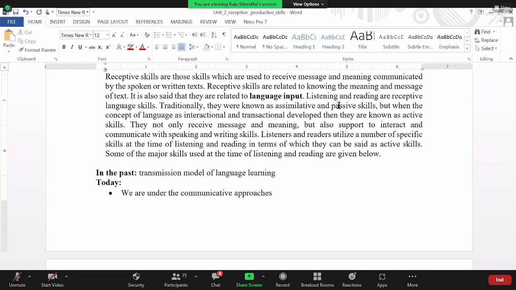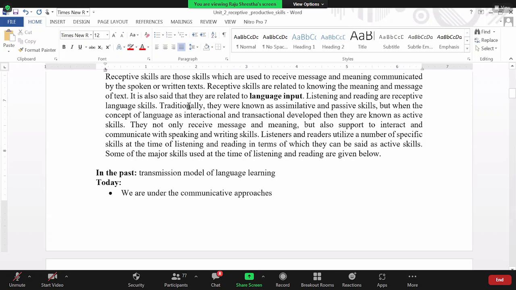We read, we try to pick up specific information, and we try to solve problems. So listening and reading in the past were recognized as passive skills. Students were just the receivers of knowledge, passive recipients, good listeners. But today they are expected to listen and think of a response, to read and think about answers.